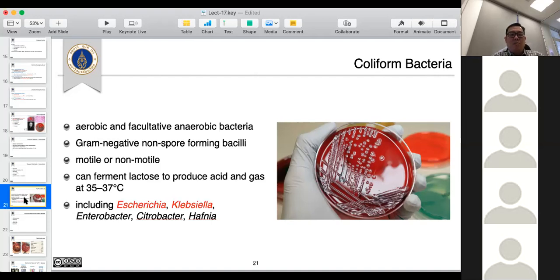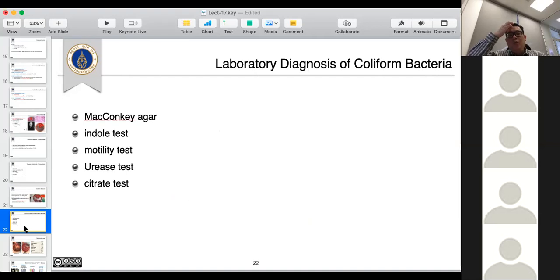Coliform can be motile and non-motile. So we probably use MacConkey agar for testing coliform bacteria and use the indole test, motility test, urease test, and Simmons citrate test, four or five of these. Actually, we have other tests I will ask you to review.